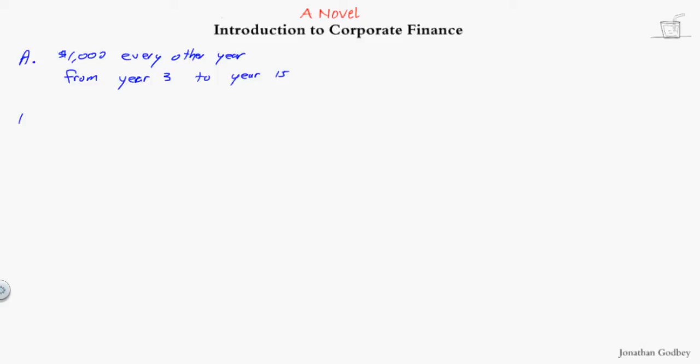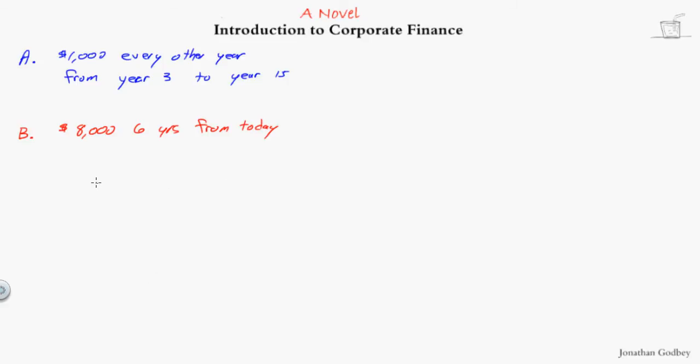And let's say option B, I'll do this in a different color. Option B is that you receive $8,000 6 years from today. And I want you to be able to tell me which one of those options is the best.